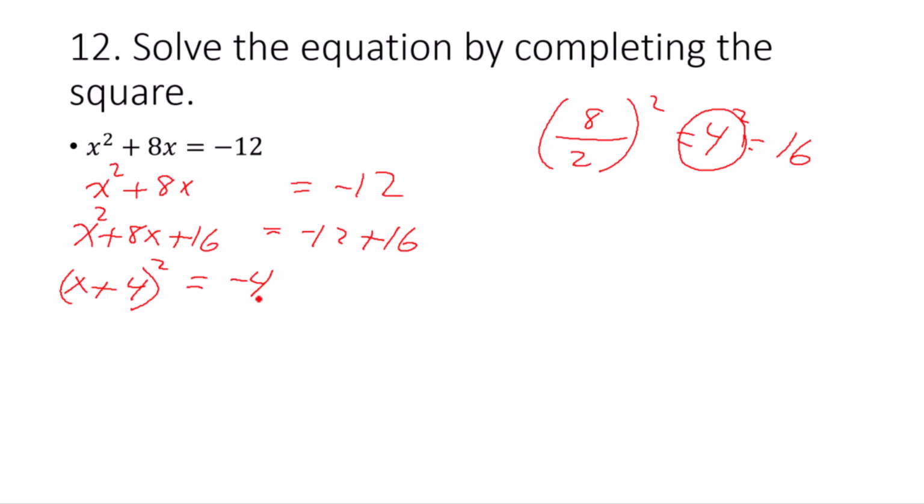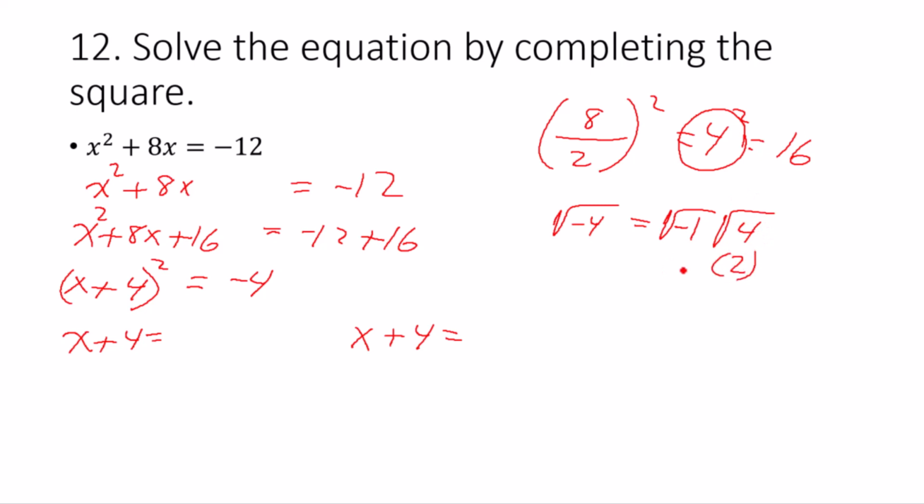Next, square root of both sides. We'll have x plus 4, and we'll write it down twice so we don't forget. Now, what's the square root of -4? If you can't do it in your head, remember, factor out the square root of -1. And this is a 2. This is represented by i, so it's 2i.